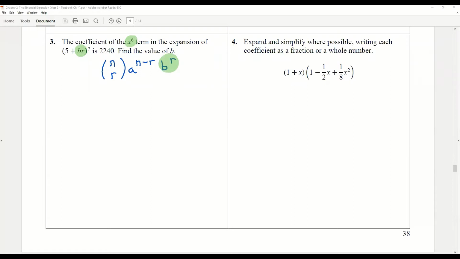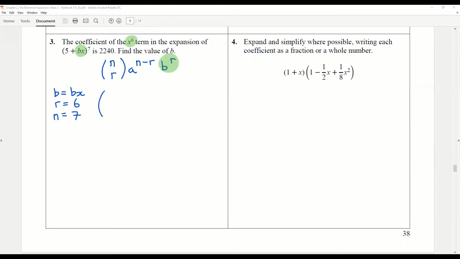So we can see clearly that the b, unfortunately in this case, is going to be equal to the bx. Okay, so don't worry about that. I know it looks a bit odd. The r is going to be 6 because I want to create the x to the power 6. Now, if we just reverse engineer this, the n is, of course, 7 because the bracket is being raised to the power 7. Okay, so let's try and build it.